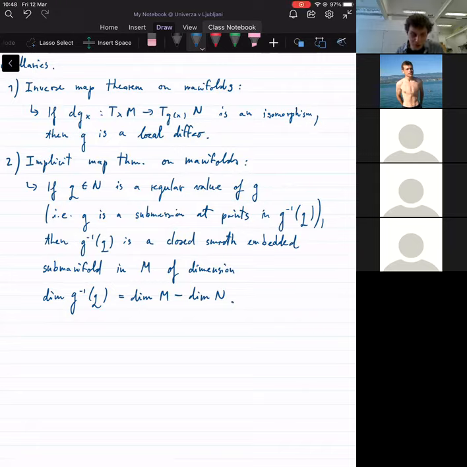And its dimension is this. This means that its codimension is n.